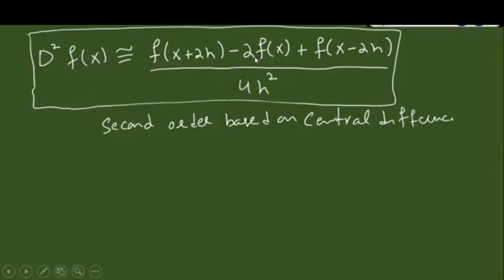I need the value of the function at that point. Obviously we need that, and I need data which is situated 2 values ahead of that data and 2 values backward, and then I can compute the second order derivative based on the central differences. This is the point that we have learned so far. So I hope you understand how to compute.